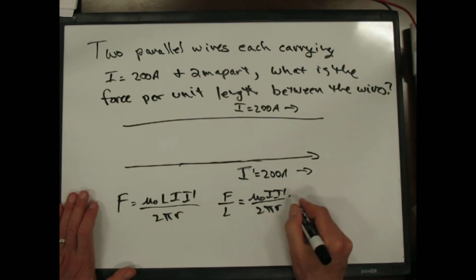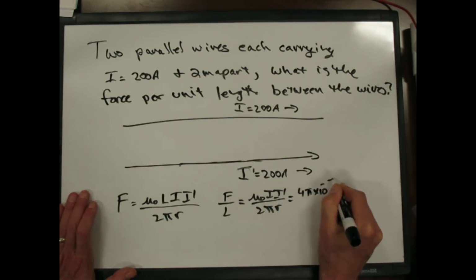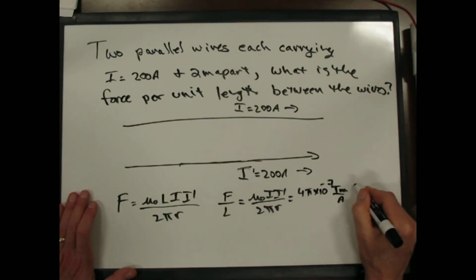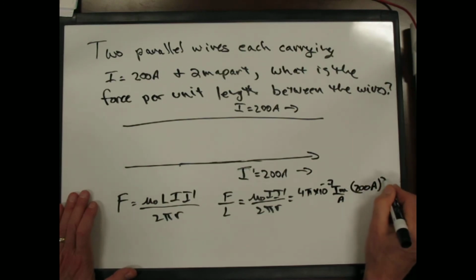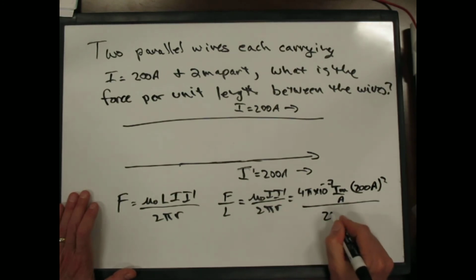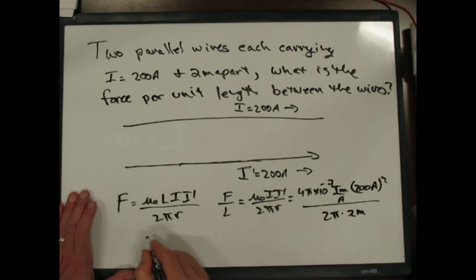And so that's a bit of a mouthful. It's 4 pi times 10 to the minus 7 Tesla meters per ampere times 200 amps squared, because both I and I prime are 200 amps, divided by 2 pi times 2 meters, right?